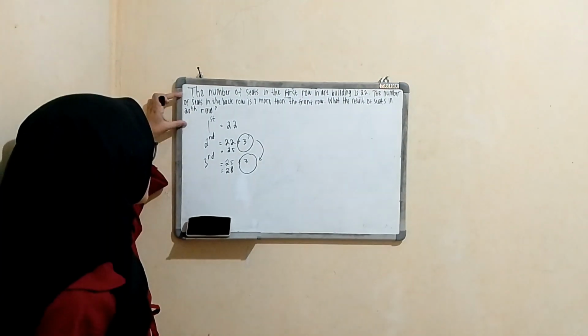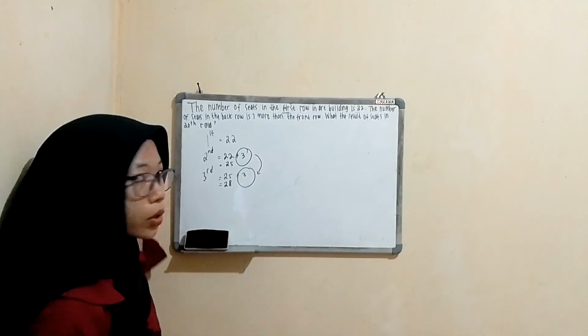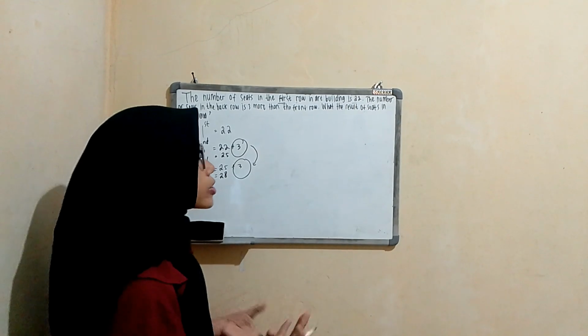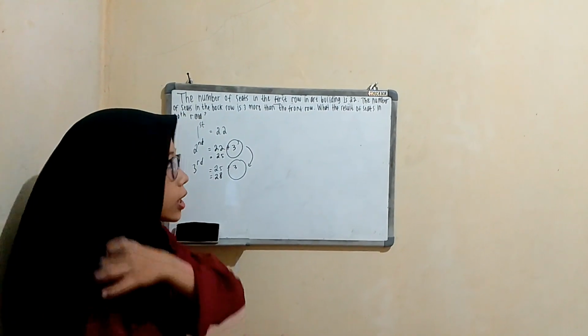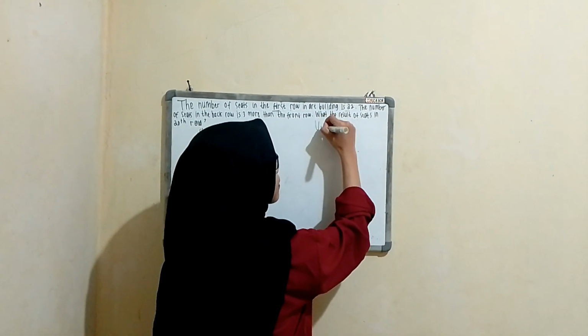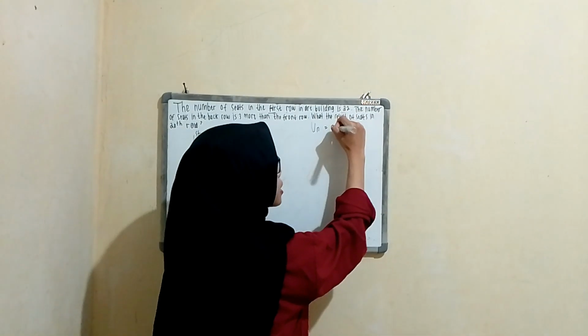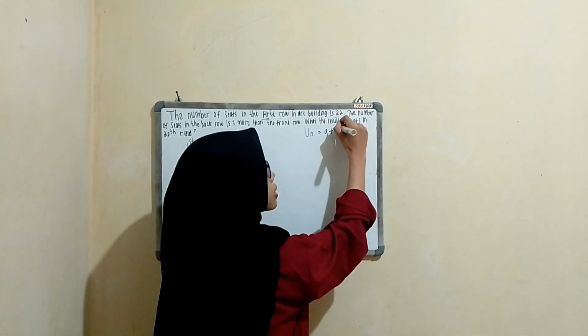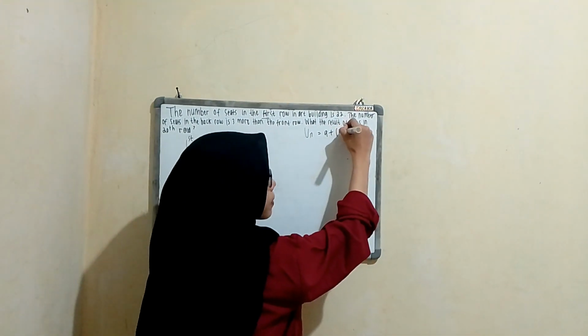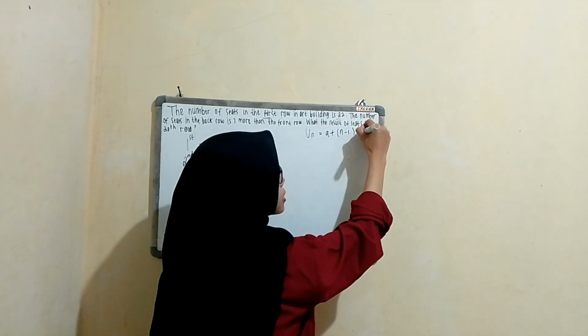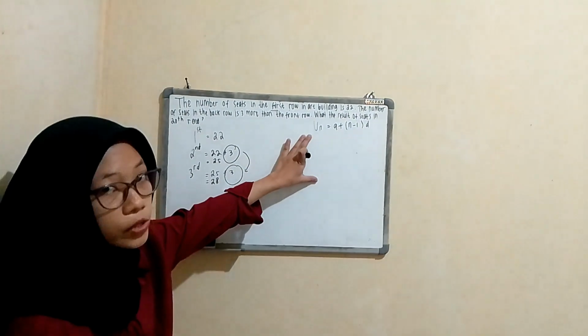Okay, to find the 20th row, we can use the arithmetic formula: U sub n is equal to a added by the parenthesis of n minus 1 multiplied by d. I will describe the formula for you.